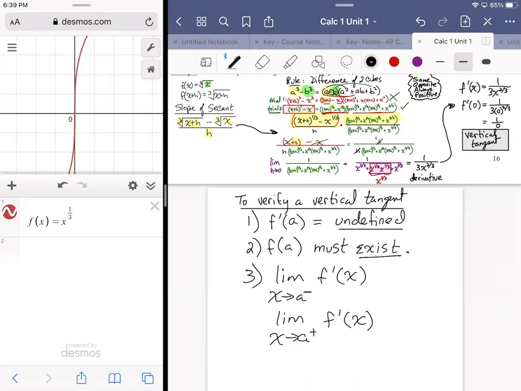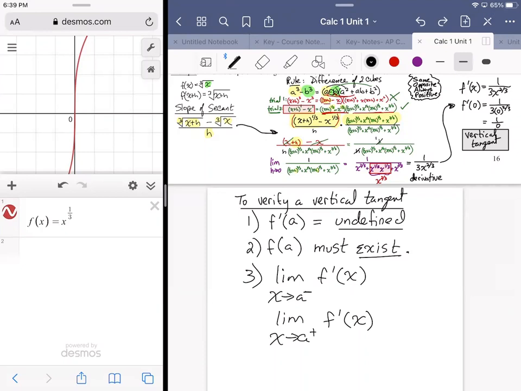So not the original function, it has to be the derivative function. That's why I'm saying number 1 is probably going to happen no matter what, because in order to do this, you need to know what the derivative is one way or the other. So you got to compute those two things.